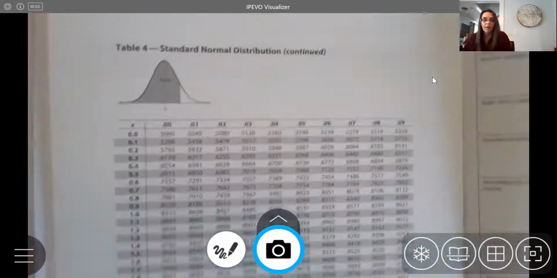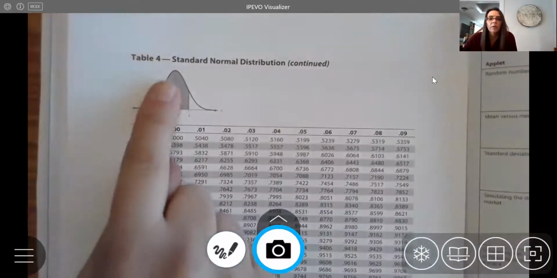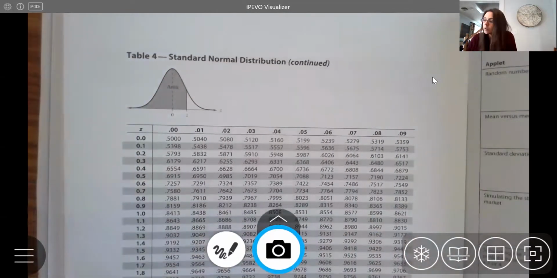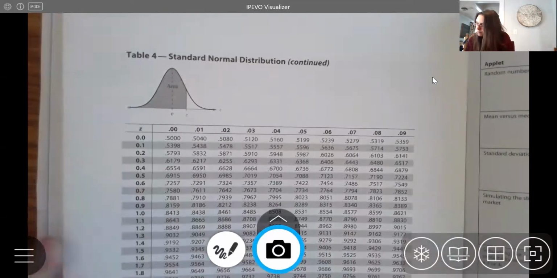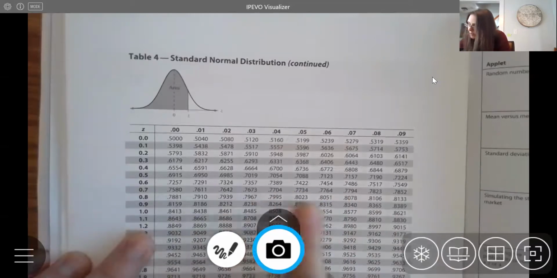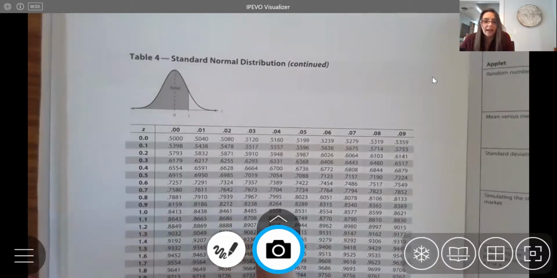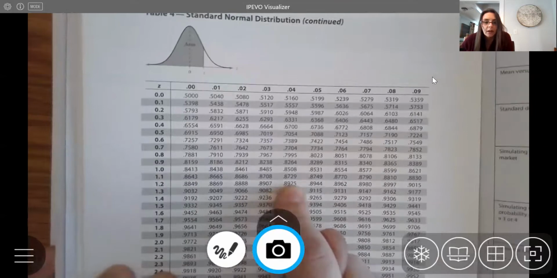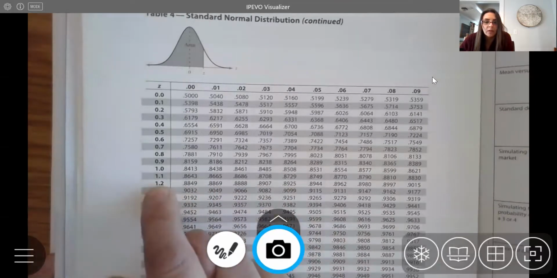So here's my table. And again, it reminds us that the table always refers to the area on the left. So the value I'm looking for here is that 0.8925. I'm just going to go through, and I do see it right in here, right? So there's that 8925. You guys see it? There you go, 8925. If I go to the left, I see 1.2.